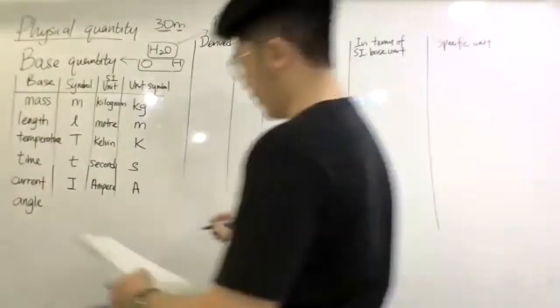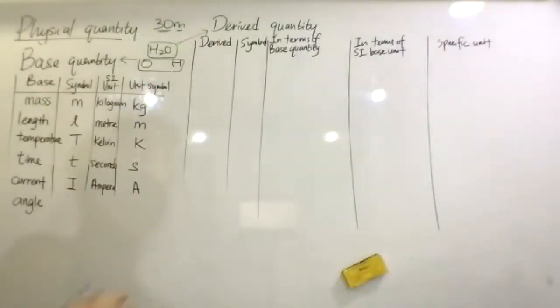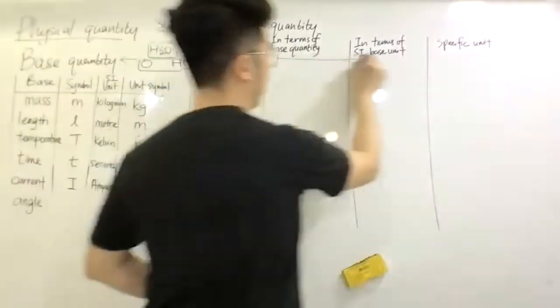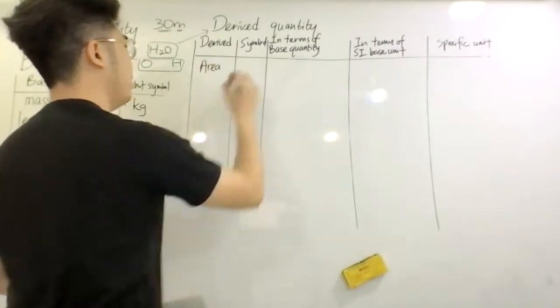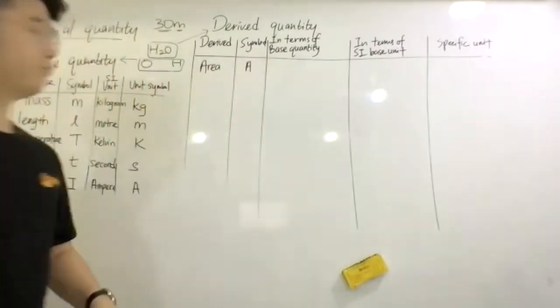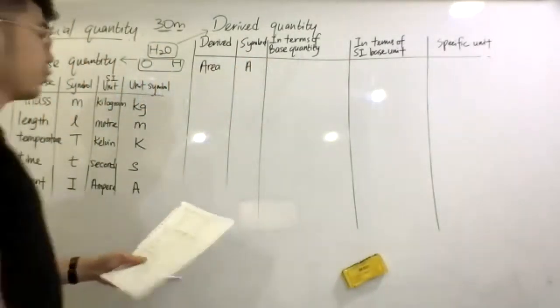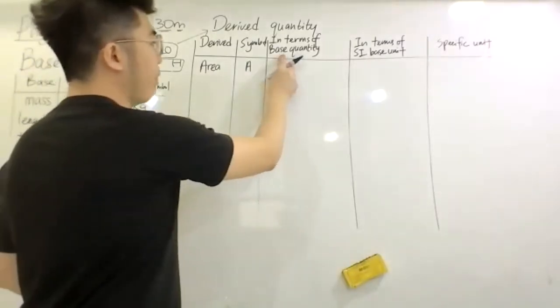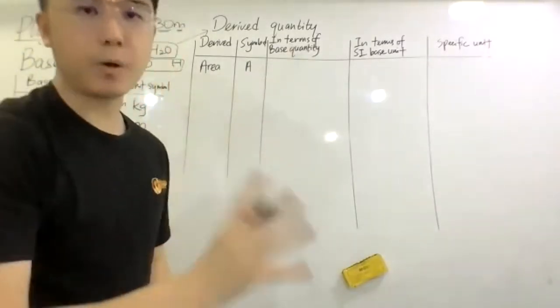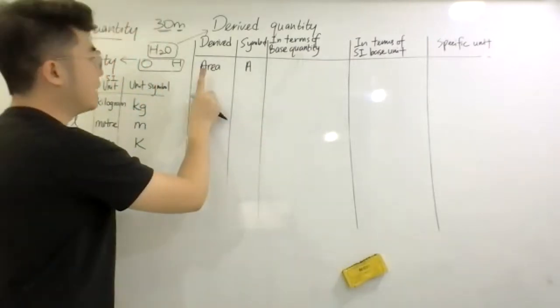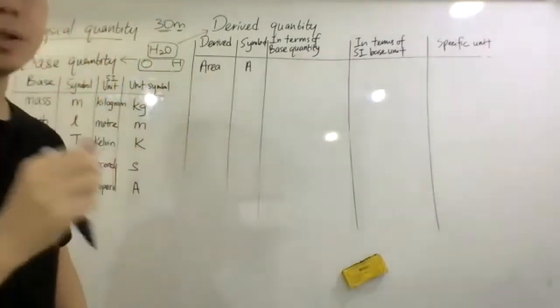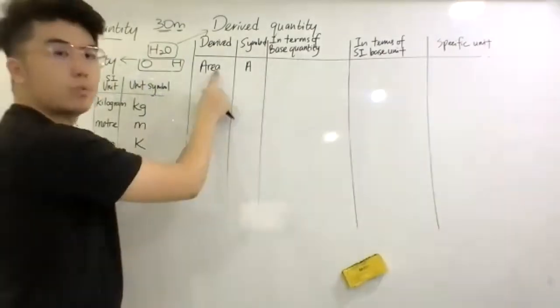Okay, first one. Area, symbol A. Now, in terms of base quantity, most of the questions they will ask this one. Meaning that for the derived quantity, they want you to give what makes this one.